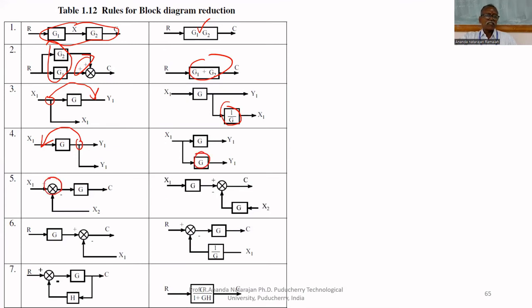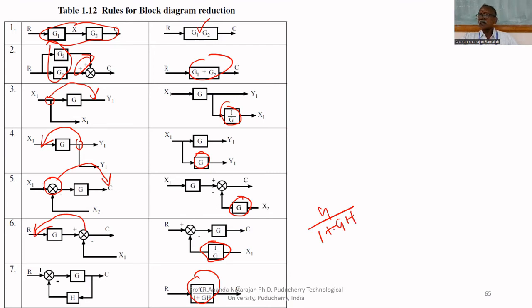If you want to move the summing point from here to here, the same rule. Here we are dividing because it is takeoff. Here we are multiplying, inverse. Similarly, if you want to move from here to here, the opposite to takeoff, multiply by 1 by G. The 7th rule, you know, G upon 1 plus GH, for negative feedback.